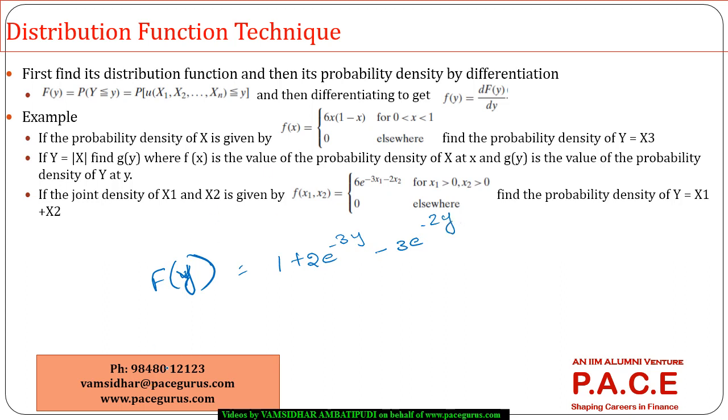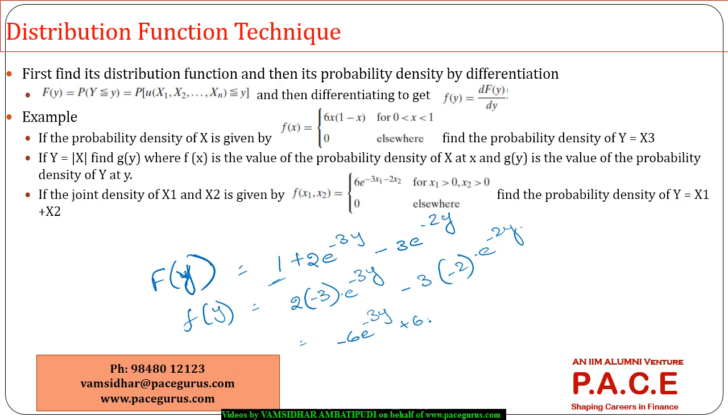Now I can very well find out the f of y by doing the derivative of this with respect to y. So this is 0, 2 into minus 3 e power minus 3y, minus 3 into minus 2 e to the power of minus 2y, making it minus 6 e to the power of minus 3y plus 6 e to the power of minus 2y.